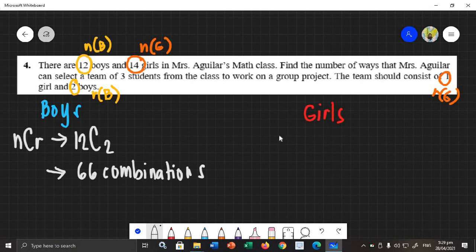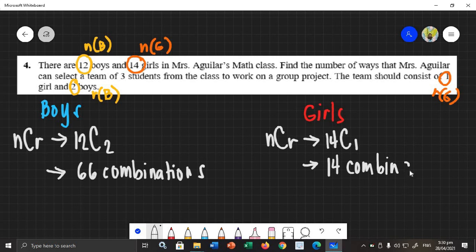Okay? So using our scientific calculator, we have NCR, diba? Ang N natin is 14. And then, ang R natin is 1. So, just type it in your scientific calculators, 14, and then click NCR, and then 1. And it will give us 14 combinations.